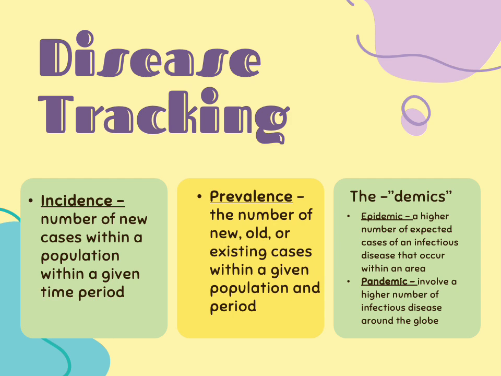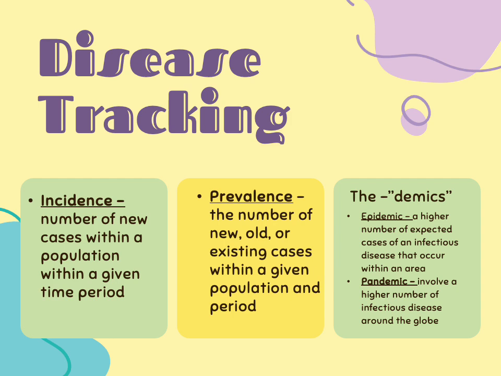When we start talking about a higher number of expected cases happening in different areas around the globe, then we start talking about a pandemic. And we just went through a global pandemic such as COVID-19. That incidence was spreading, and we had higher rates of a new virus that nobody knew anything about, and the incidences of this were spreading across different areas of the globe.